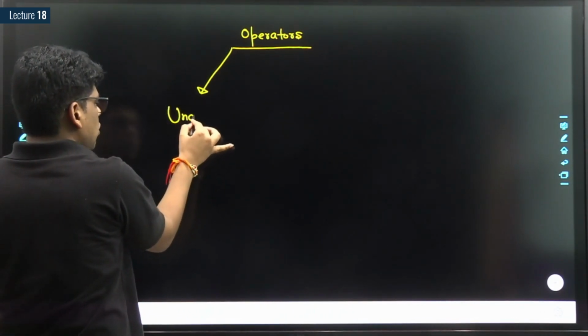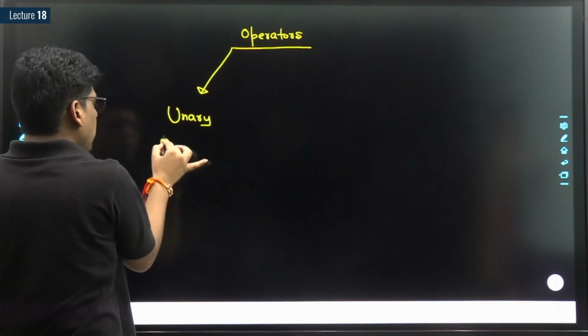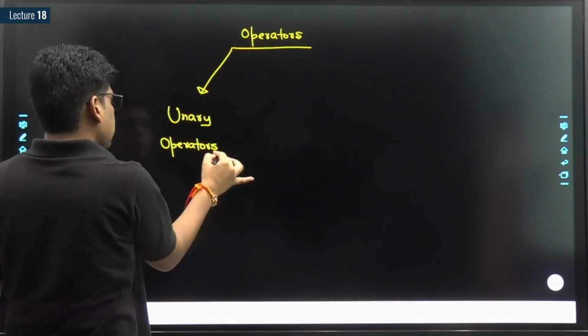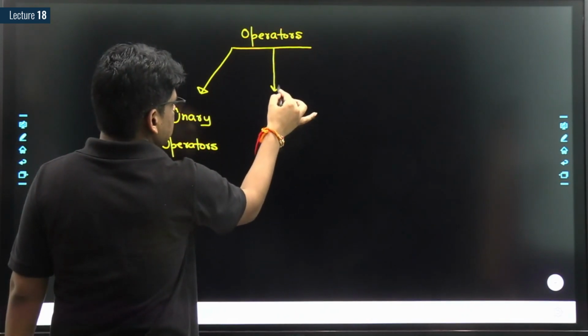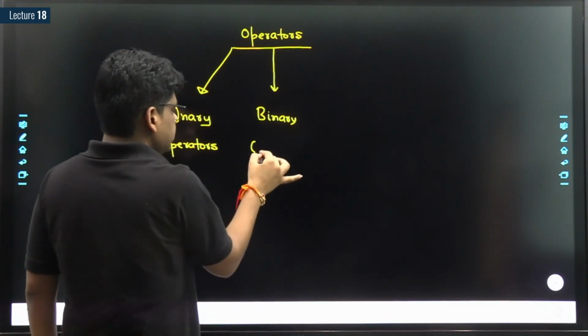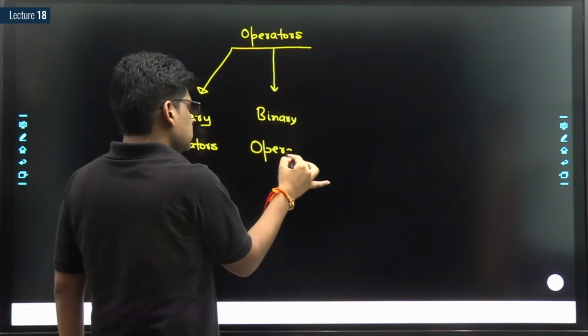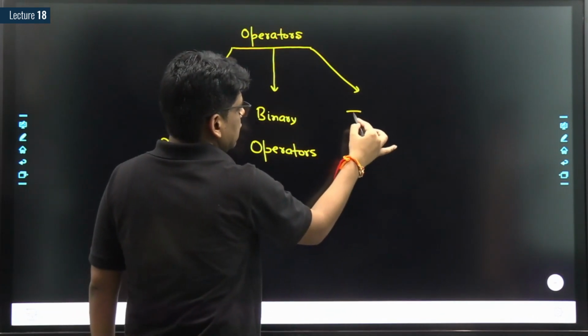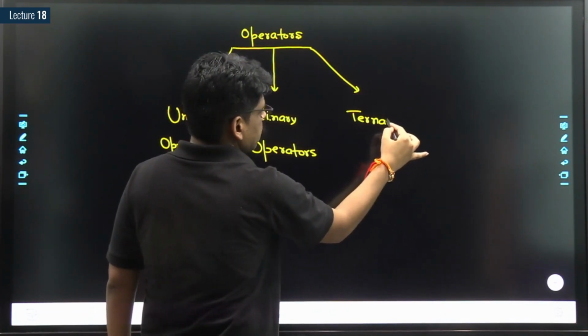First one is called unary operators. Second one is called binary operators. And third one is called ternary operators.